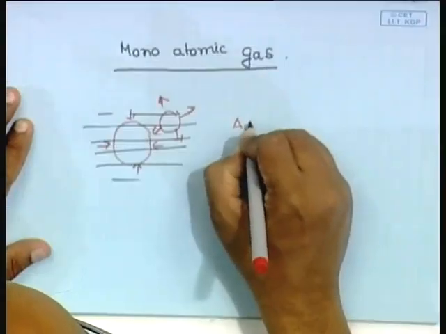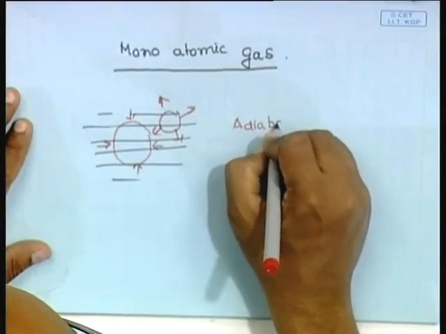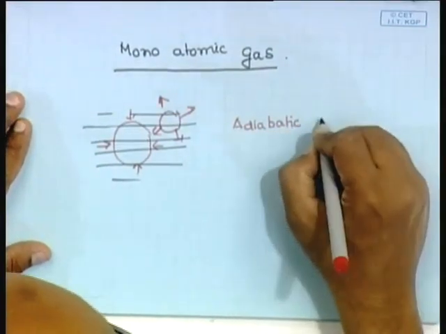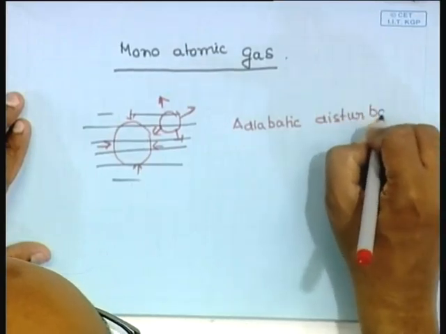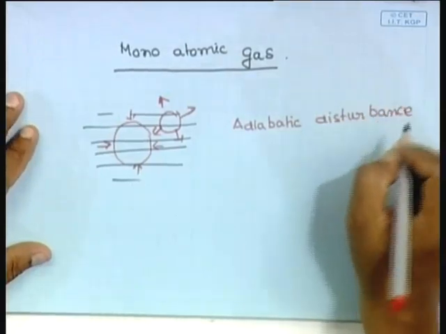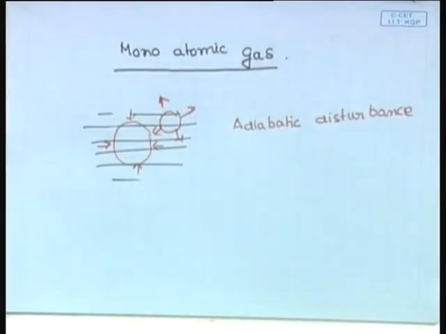Now, we are going to assume that these disturbances in the fluid are adiabatic. So, we have put an adiabatic disturbance. Let us just try to understand the justification for such an assumption.